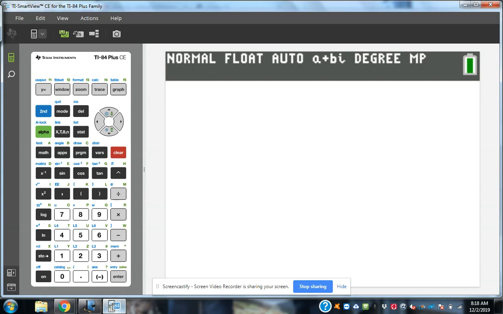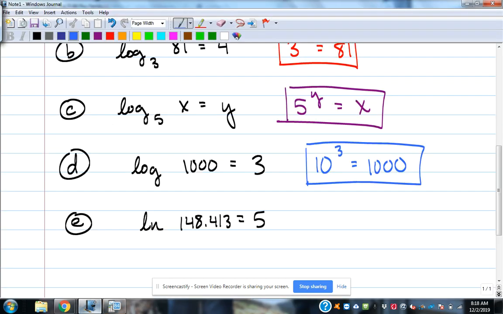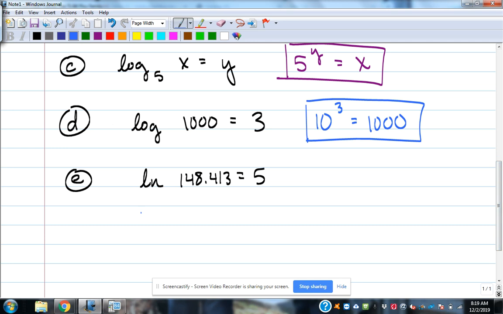Look down the left-hand side. You've got a log button and then an LN button that's natural log. Those are common logs, so they have their own button. The rest of the logs that we have to find, it's not got a button for it. There's another way to get it done. But LN, if you look in the blue above that, it's e to the x. So the base for natural log is base e. So natural log is actually log base e.